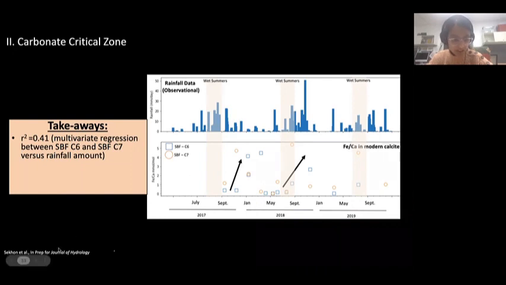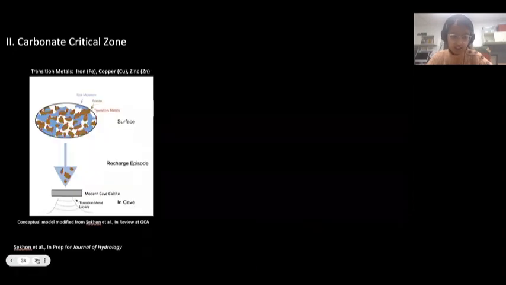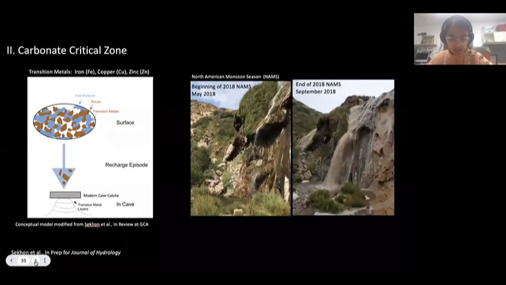And we actually think that a possible model that might be happening over here is when you have, in the surface, soil moisture, solute, and transition metals such as iron that are bonded, which then get deposited following recharge episodes in the cave system. And we actually saw that in the field itself. So that was super encouraging to see our possible mechanism in action in a way.